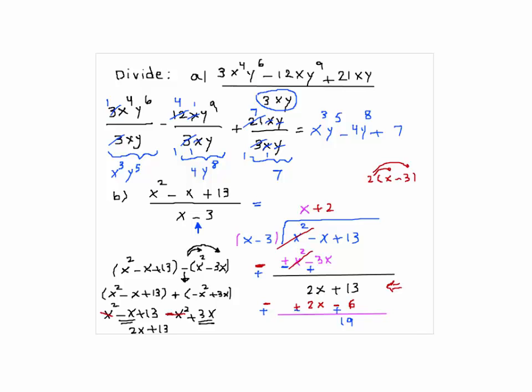Now we have a remainder. When we have a remainder, we have to ask ourselves, what times x minus 3 gives me 19? That would be a fraction.